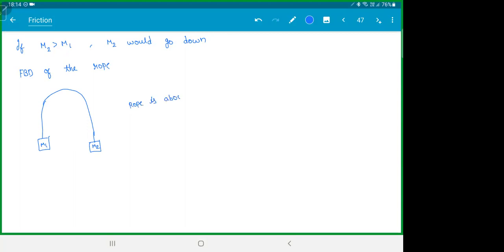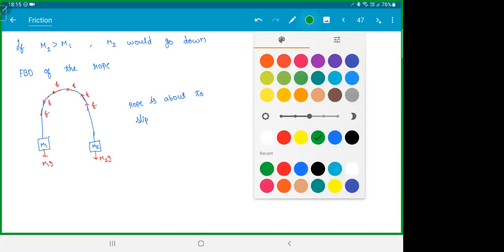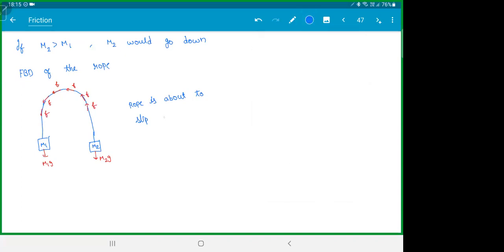We are taking the extreme case. If you look at the forces, this will be M2G, this will be M1G, and since it is about to slip on the right hand side, the friction would be like this. Are you getting this? That entire rope will have a friction along the string because the whole thing is trying to slide to the right side. Rope is about to slip towards right.